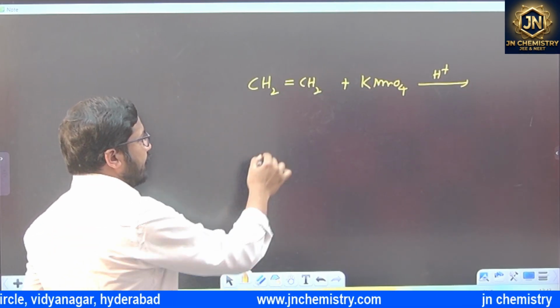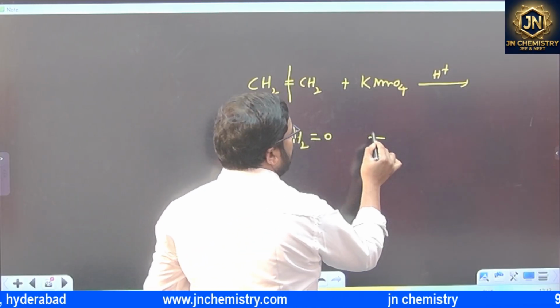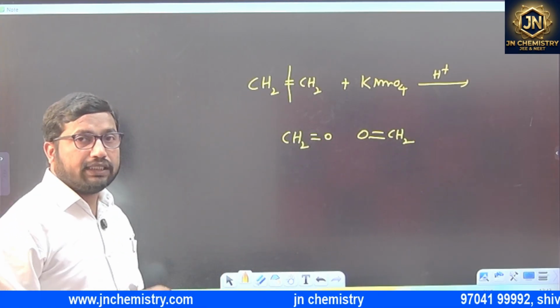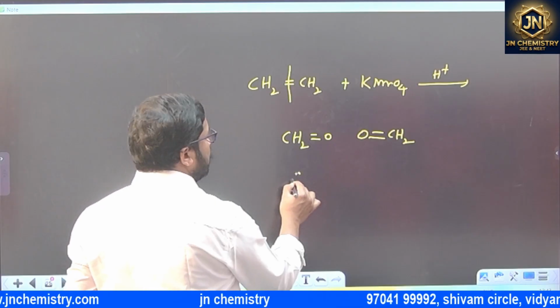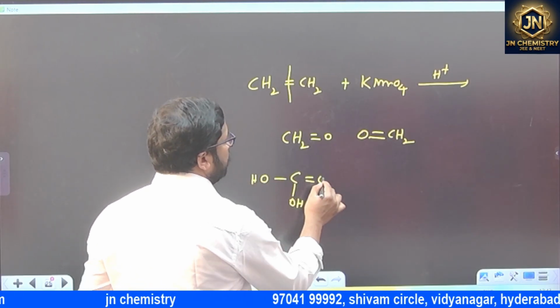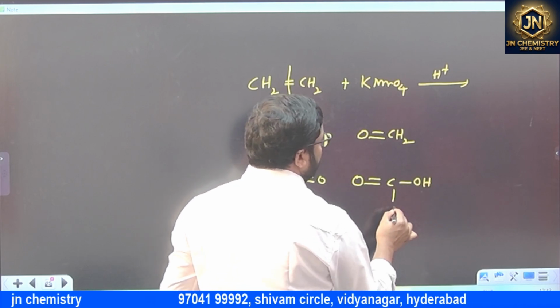First I told you, break the bond, CH2 double bond O, CH2. The second point, the double bond carbon has two hydrogens, so the two hydrogens become OH, C double bond O, and it is also C double bond O, C with OH, OH.